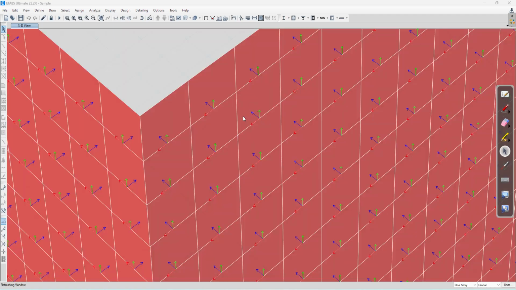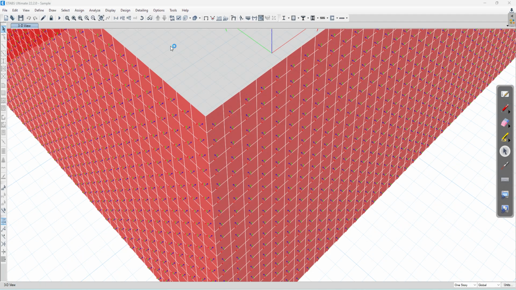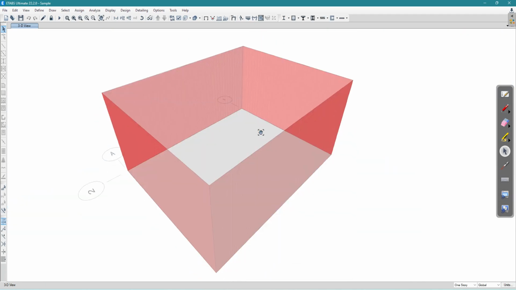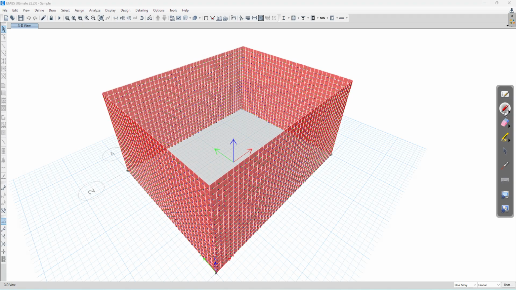See here. If you take the 3D elevation of the wall, you have the lateral pressure like this.